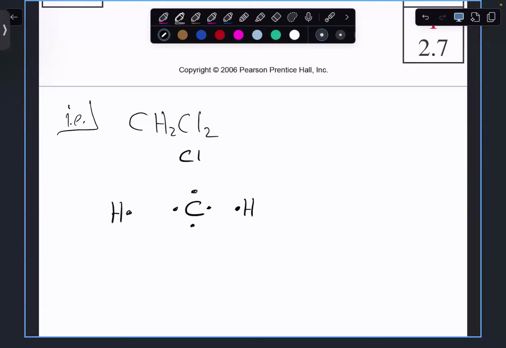And as we said, chlorine has 7. So could you arrange these 5 atoms together in order to get a neutral organic molecule?